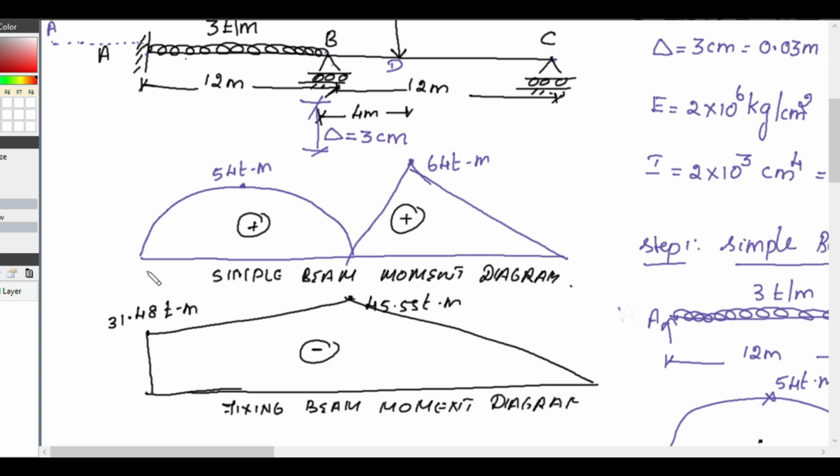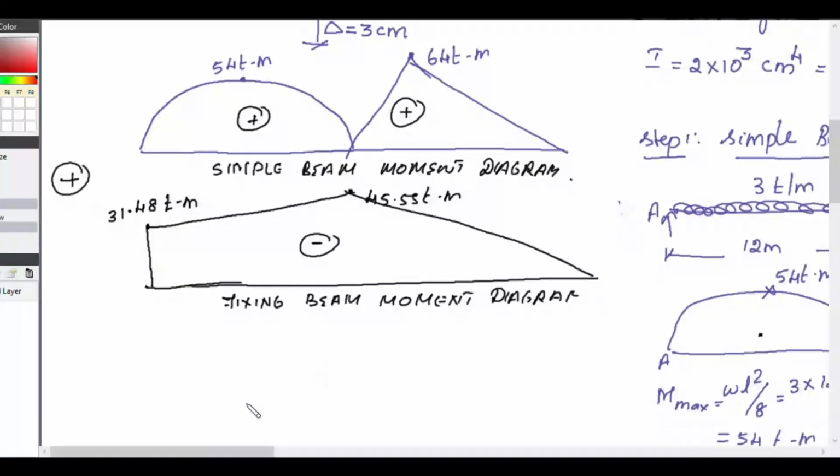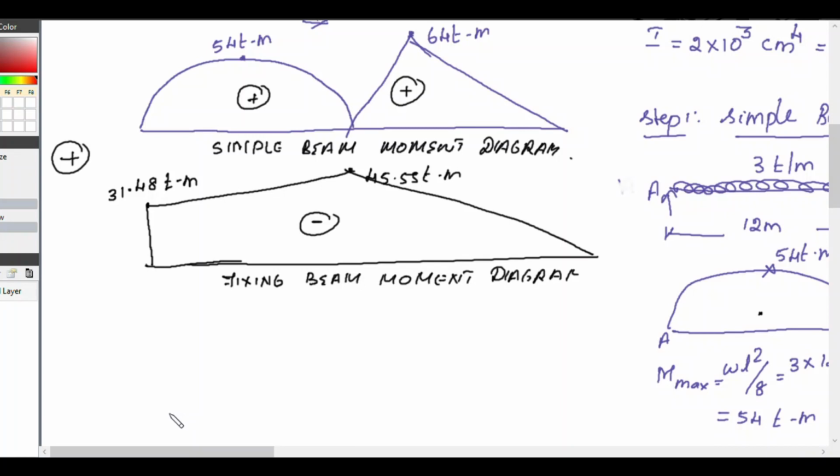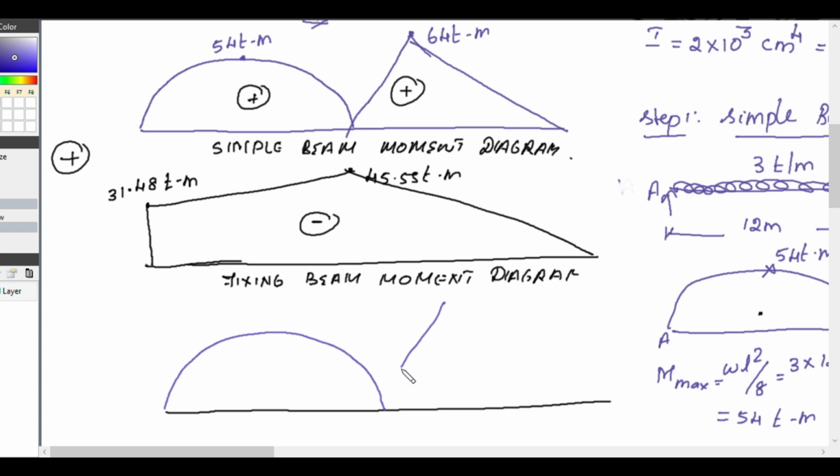Now we will add these both. We will add the simple beam moment diagram and the fixing bending moment diagram. We get here, this is a parabola. At D it is 54 tons meter. This is 64 tons meter.